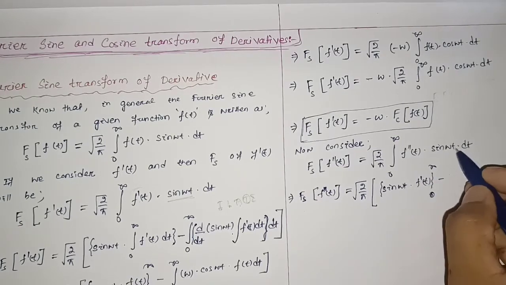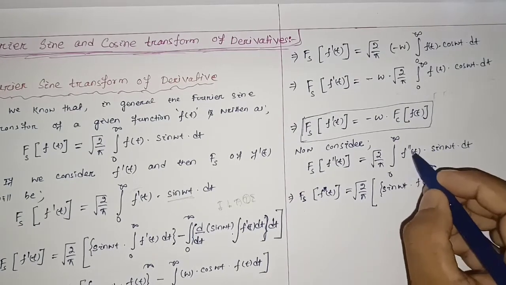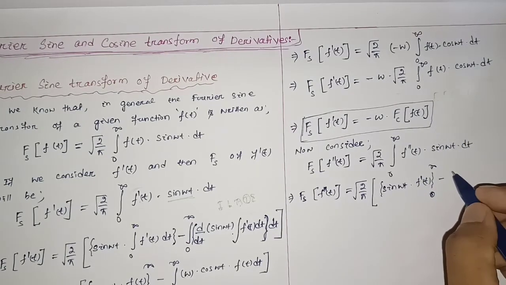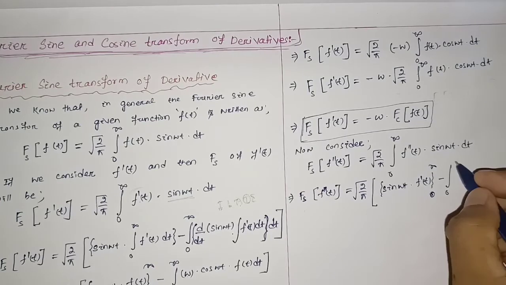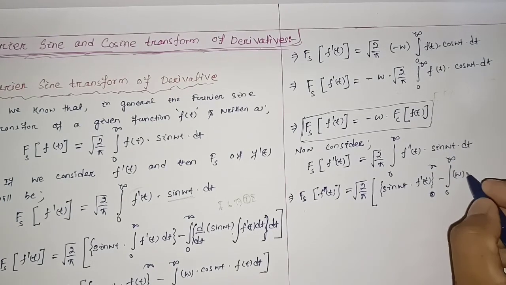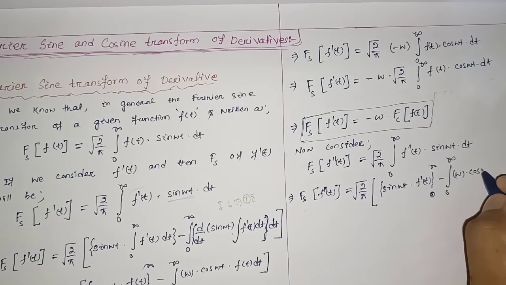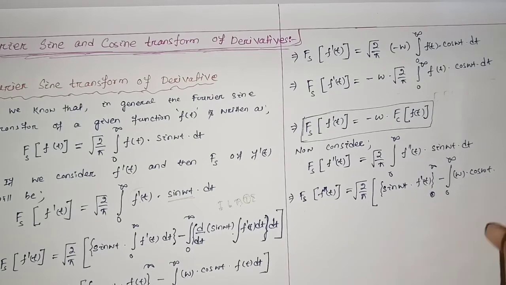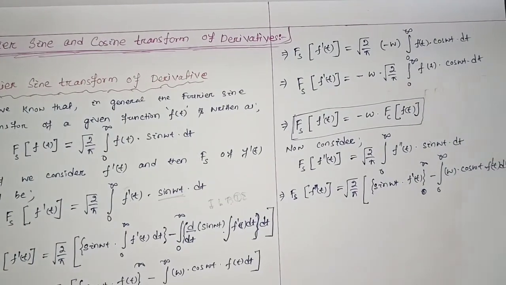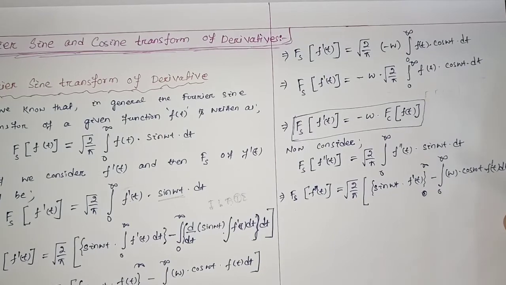Then minus the derivative of this one, the integration of this one: the derivative of sine omega t is omega into cos omega t, into the integration of f double dash t with respect to t, which is f dash t, into dt, right? Put the whole bracket.